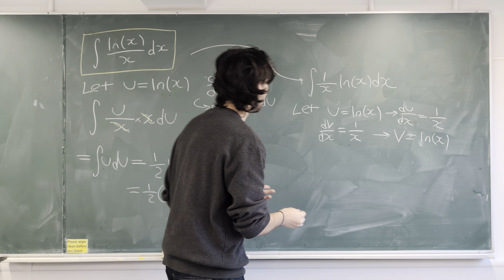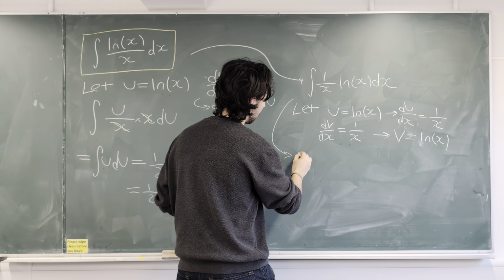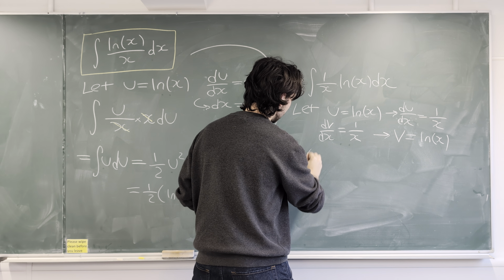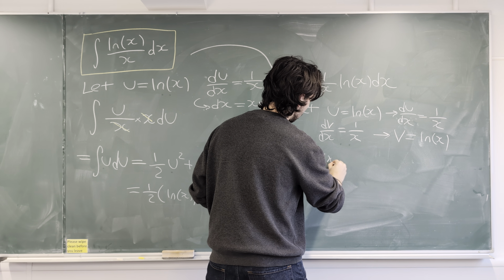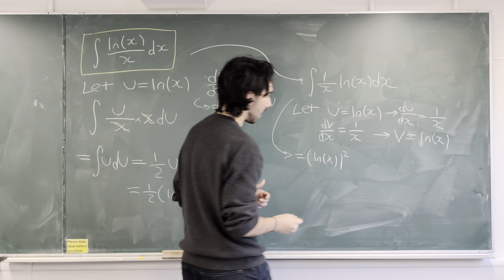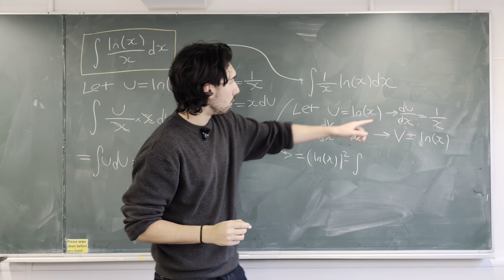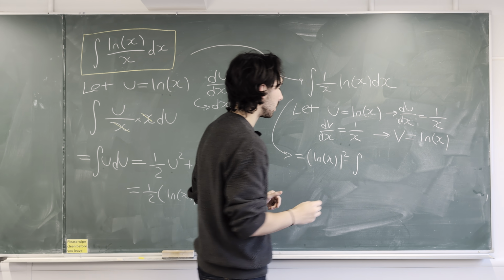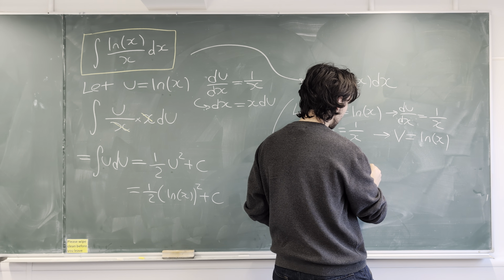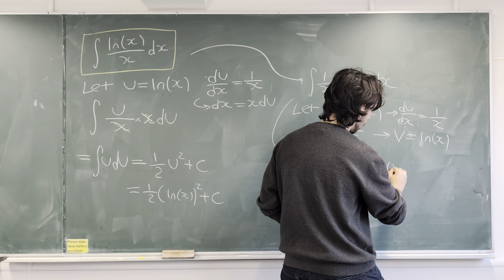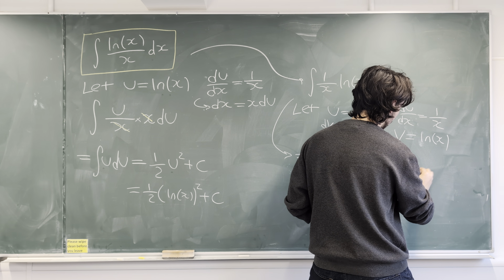Okay, and then using the formula for integration by parts, this integral is equal to u times v, so the natural log of x times the natural log of x, which is the natural log of x squared, minus the integral of 1 over x times the natural log of x, which is the same as what we had originally. You might say, oh no, that's a problem.